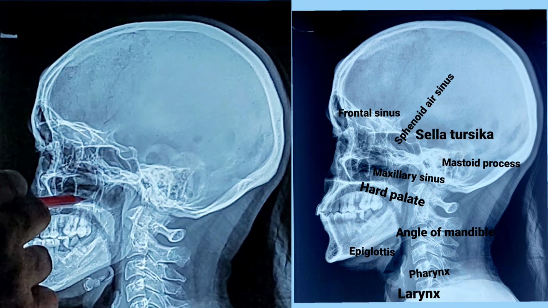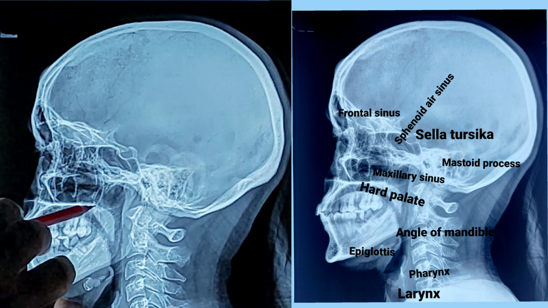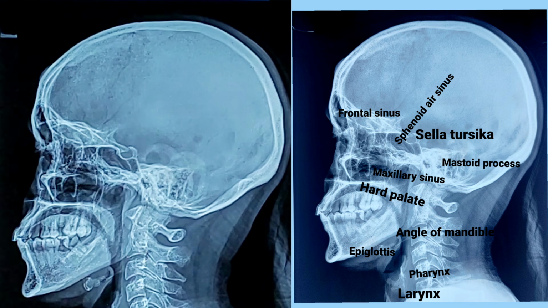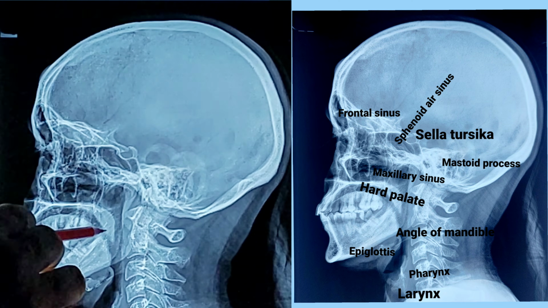So the hard palate is formed by these two bones, and behind this hanging part is the soft palate, which is formed by different muscles, 5 pairs of muscles, covered by the mucous membrane of the nasal side and the mucous membrane of the oral side.